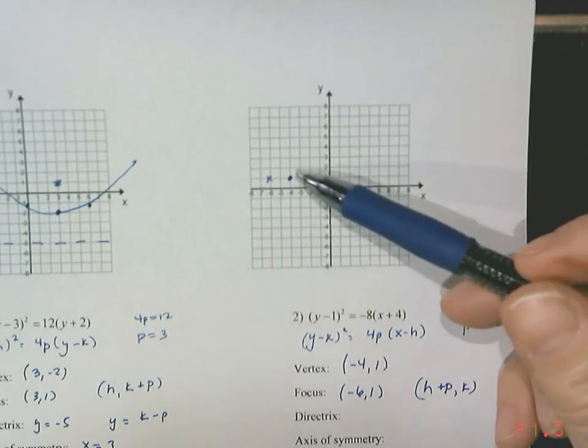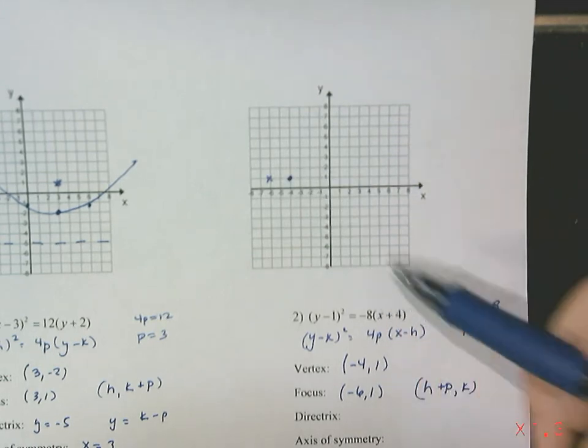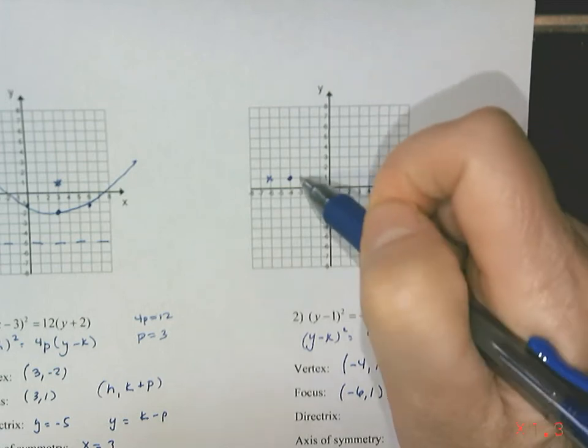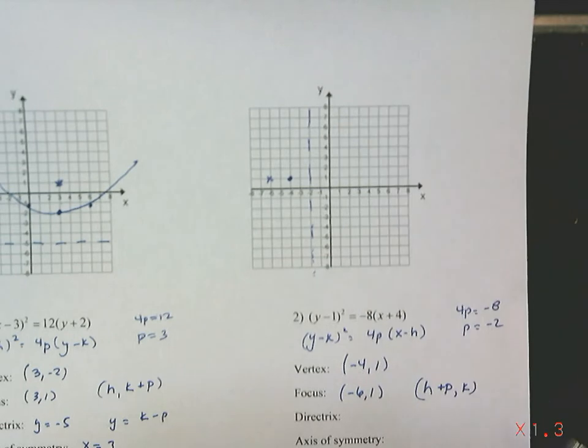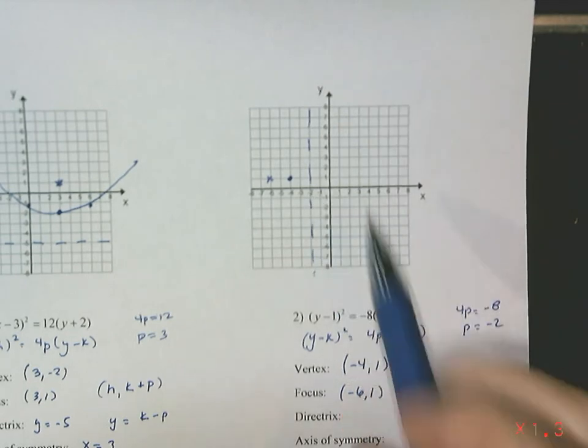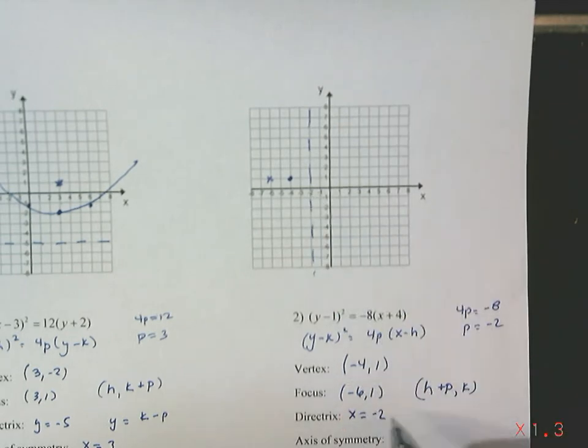My directrix goes in the opposite direction from my focus, so I know that I have to go right 2. So I'm going to go right 2, and there's my dashed line. It's going to be x = -2 because it's a vertical line. So it's going to be x = h plus p.